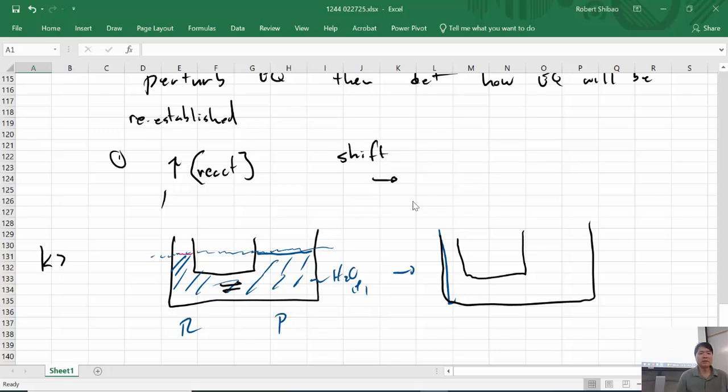When we have K greater than 1, then product is favored. If we have K less than 1, then reactant is favored. And a K equal to 1, then both.